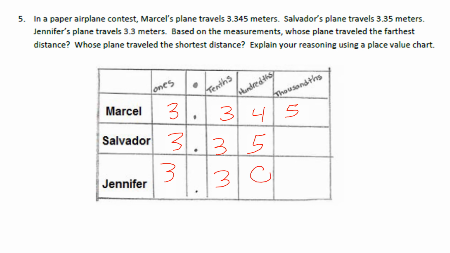So first thing, we're going to place zeros on them so we can compare them. In the first column, in the ones, they all had 3, so we go to the next column. The tenths, they all had 3, so we go to this column. And we can see the 5 is the largest.